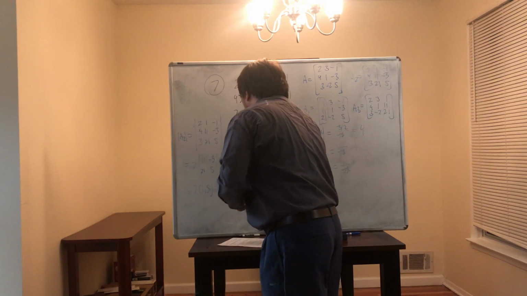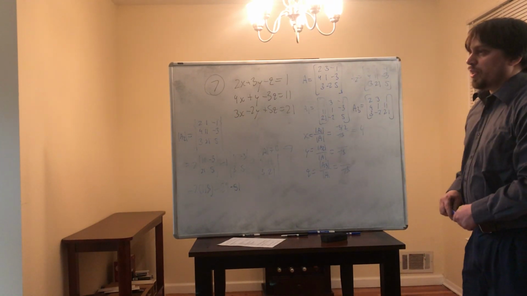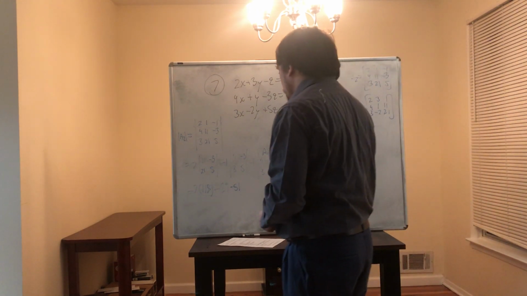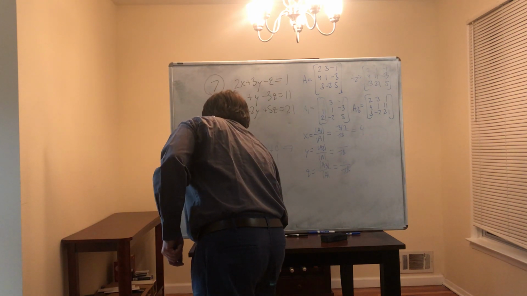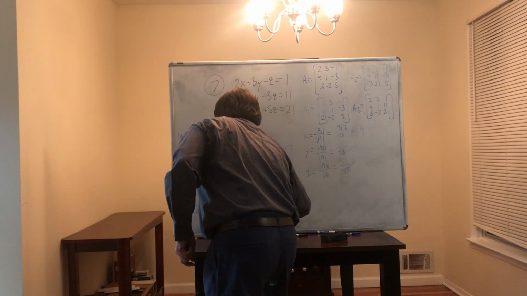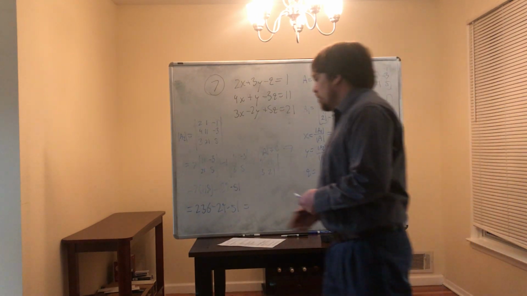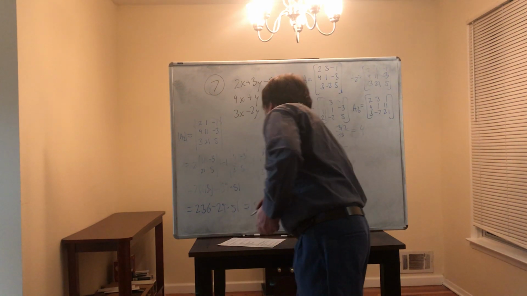Don't give up. So negative 1 times 51, negative 51. And so this is 2 times 118, which is 236, minus 29 minus 51. And so minus 29 minus 51 is minus 80. So 236 minus 80 is 156.